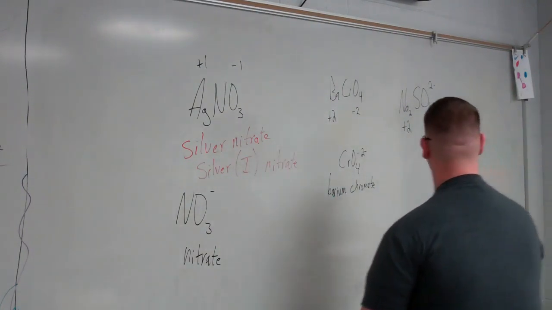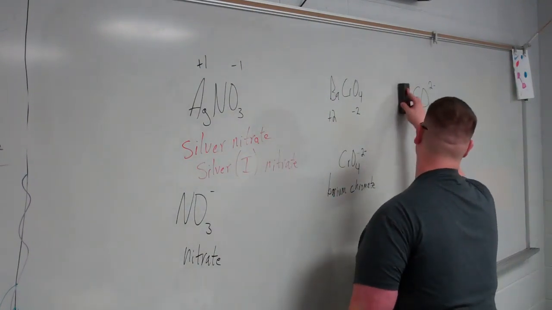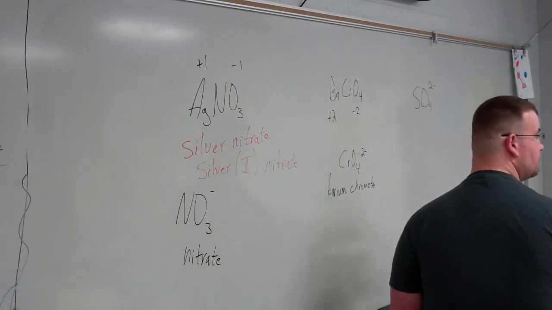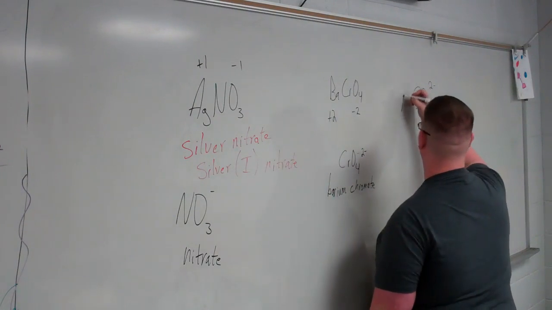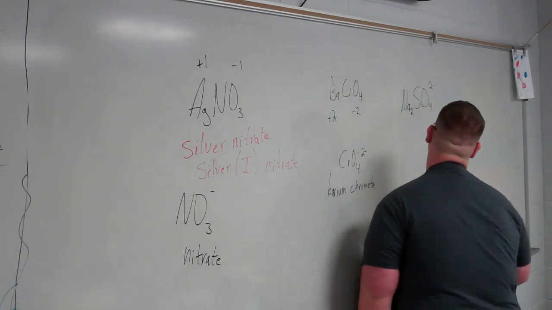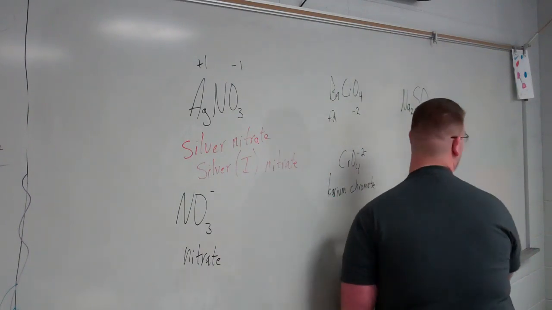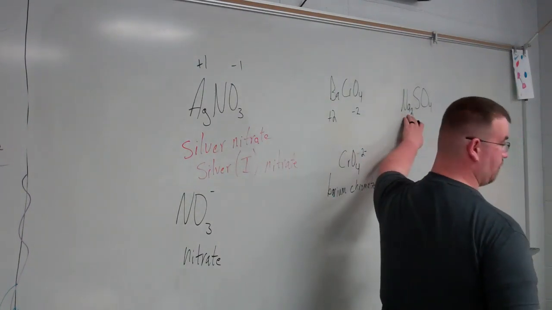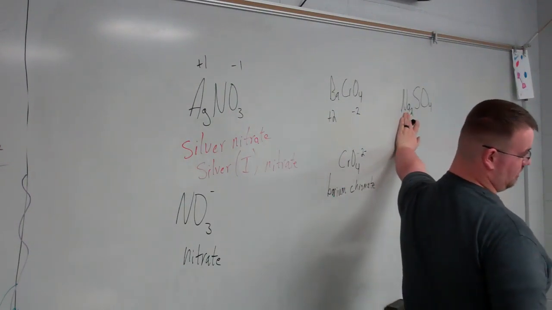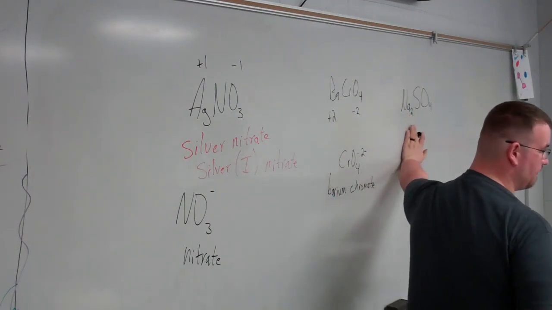The only thing I changed is that I put 2 positives to hide it. There's a trick. I'm hiding that negative with these positives. You have to know that sodium is +1. There's 2 of them, so +2.